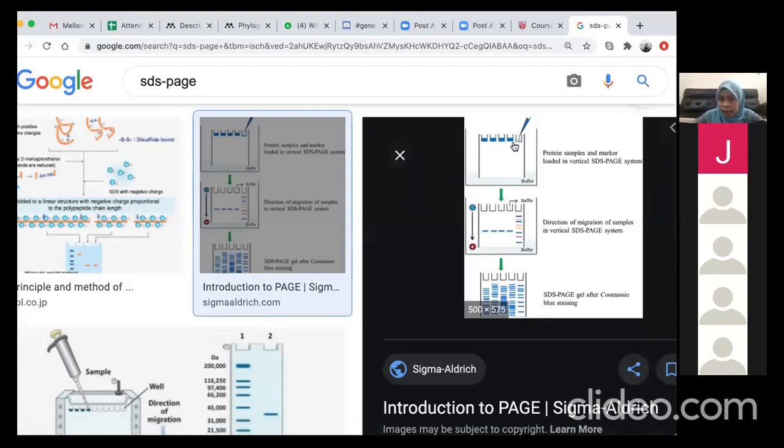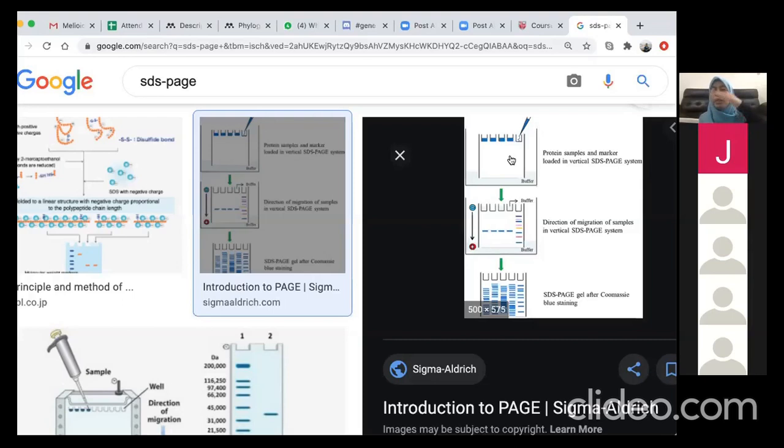Once you apply your protein sample here, you will put in the blue dye, with the SDS and normally with the beta-mercaptoethanol or something. I can't remember the dye name. The dye will guide us to stop.